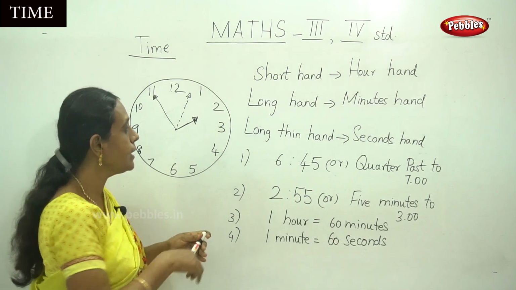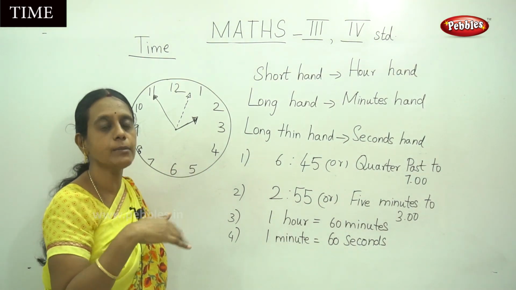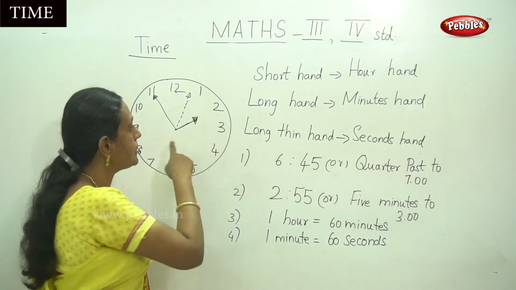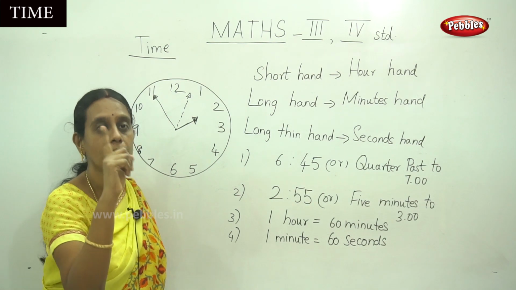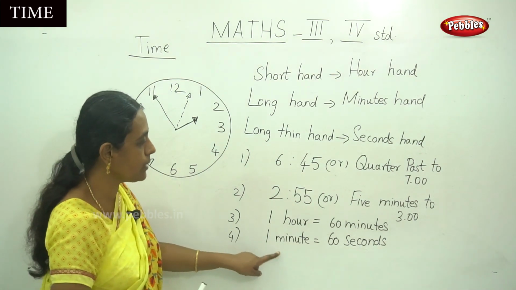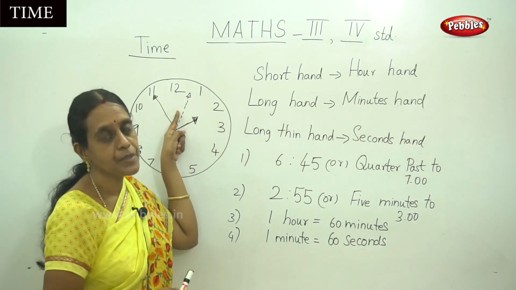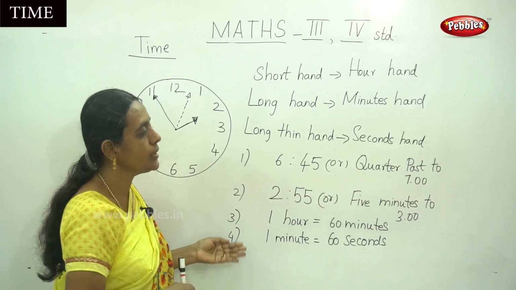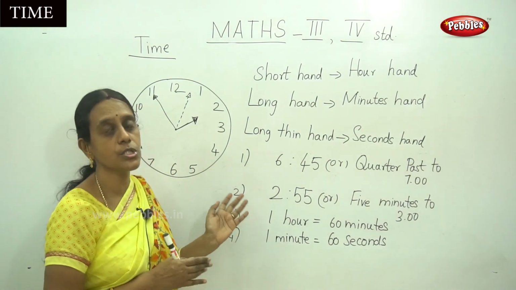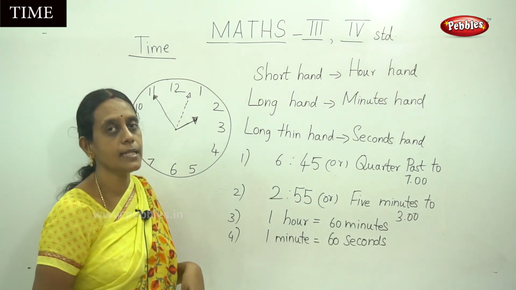Okay, do you understand? The minute hand on the clock, from 12 to 12, moves on to the next hour. And the seconds hand moves 60 times to make 1 minute. So 1 minute is equal to 60 seconds. Next we move on to the conversion of days, hours, minutes and seconds.